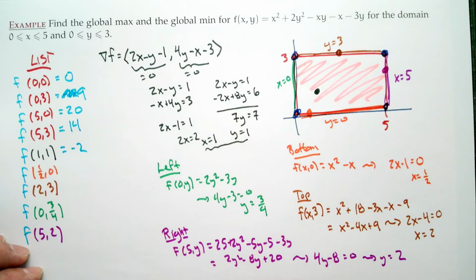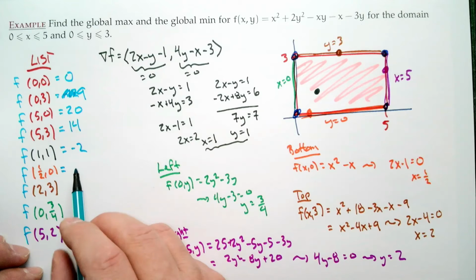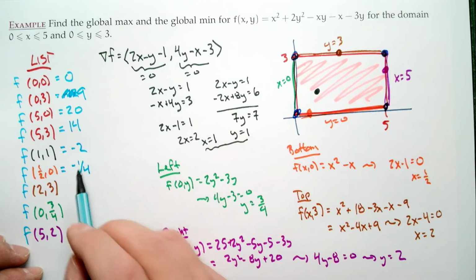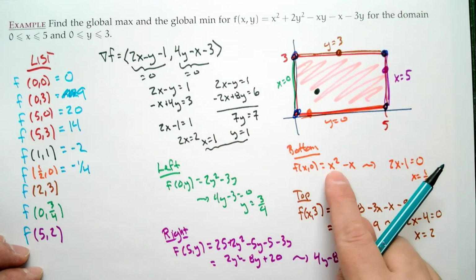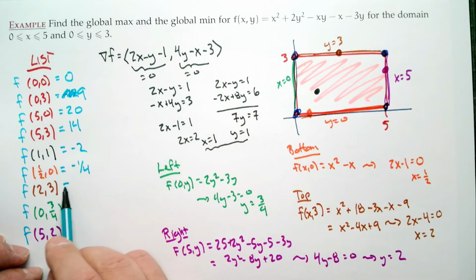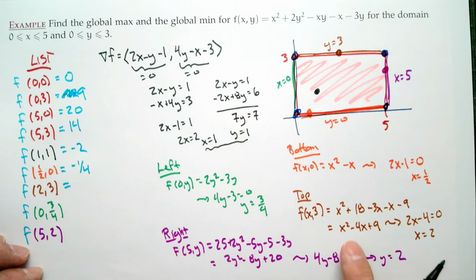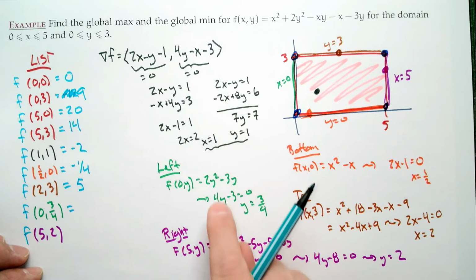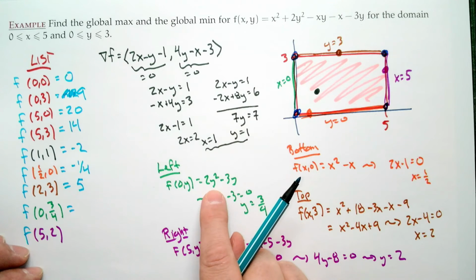All right, f of 1/2 comma 0, negative 1/4, because I can put in 1/2 here. A half squared is a fourth, minus a half, negative 1/4. F of 2 comma 3, if I put in x equals 2, because I'm at 2 comma 3, that's a 4 minus 8 plus 9. Well, minus 8 plus 9 would be 1, plus 4 makes 5. 0 comma 3/4 is a number.